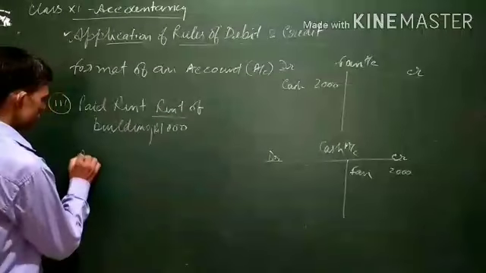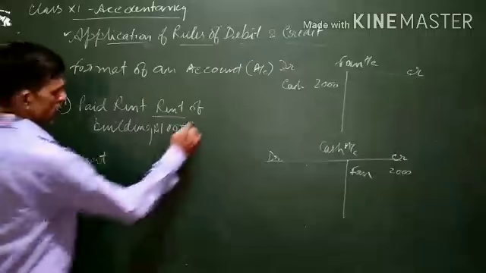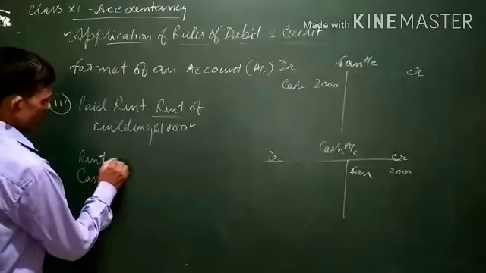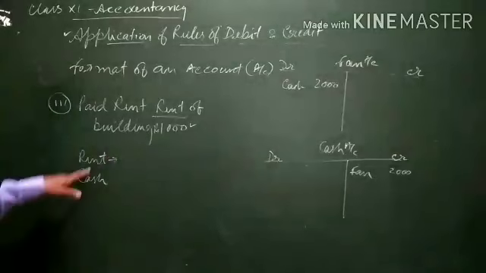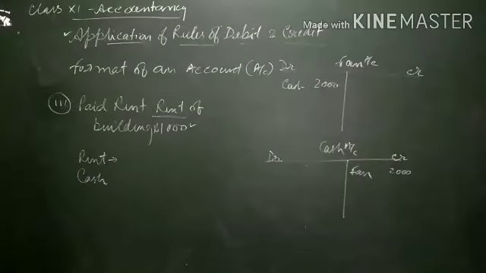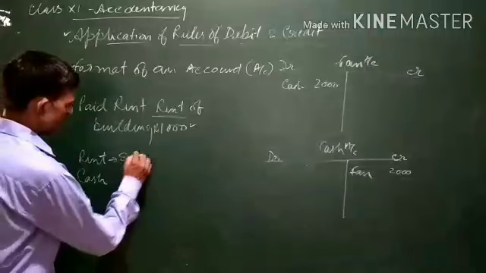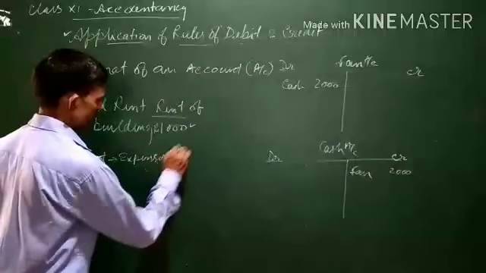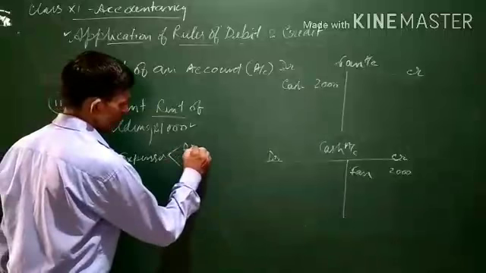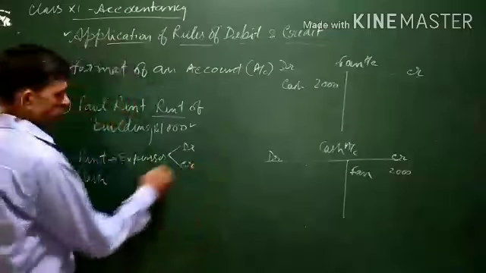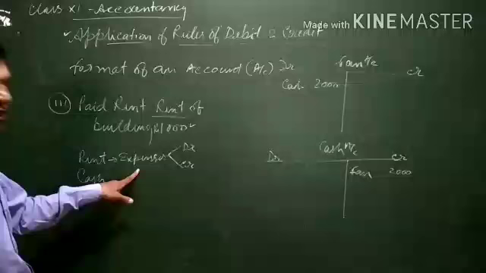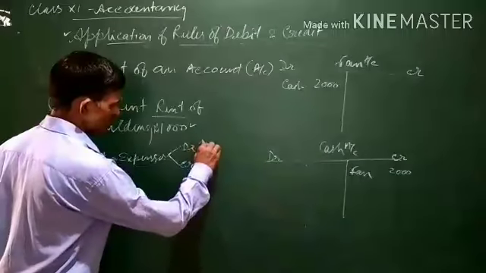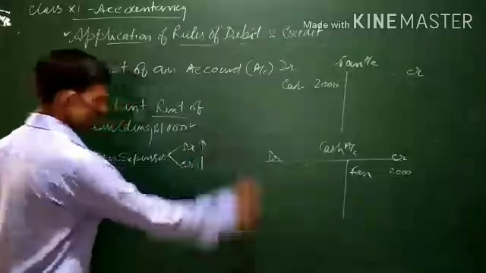First is rent, and second is 1000 cash. When you pay rent, it is an expense for us. And the rule for expenses is the same as the rule for assets, that is, for increase it is debited, for decrease it is credited.